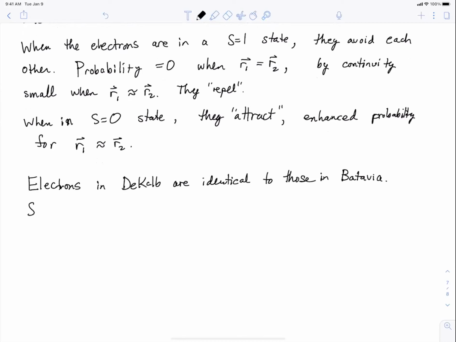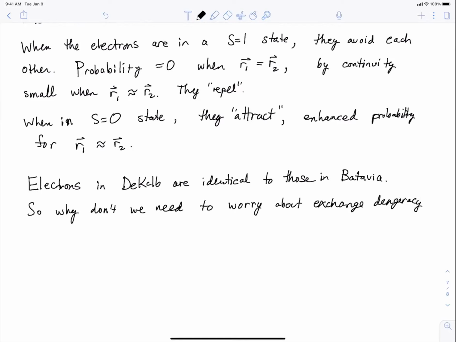Okay, so the question we're going to address is, why don't we need to worry about the exchange degeneracy between very distant electrons? Because it looks like there's this big minus sign or plus sign depending on the spin state. And therefore, you might think the spins are going to cause correlations that are very large between distant electrons. So exchange degeneracy for distant electrons.